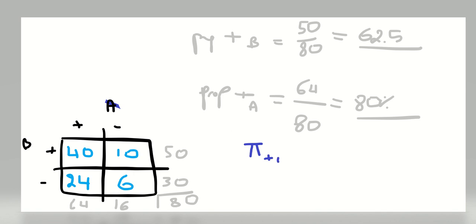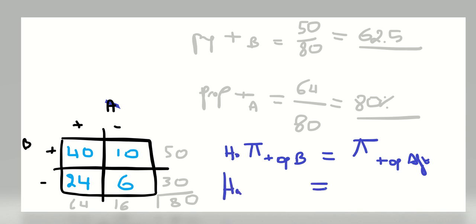It was opinion. Okay, so proportion positive opinion before equals proportion positive opinion after. So that would be my null hypothesis. My alternative hypothesis is that they are not equal to each other.